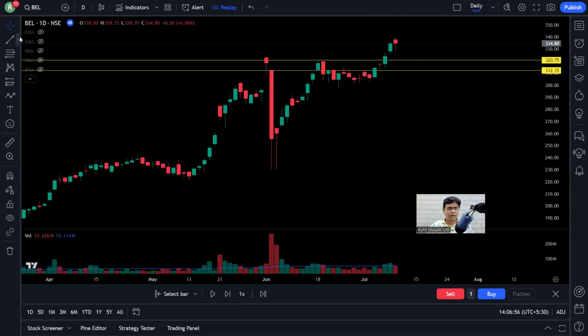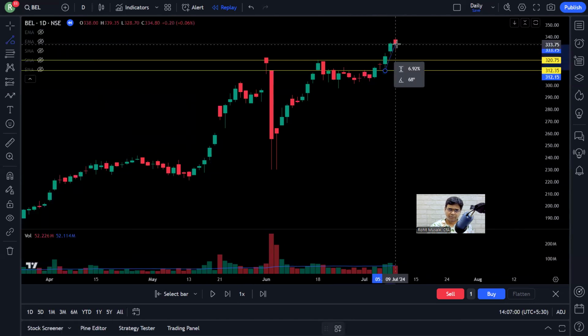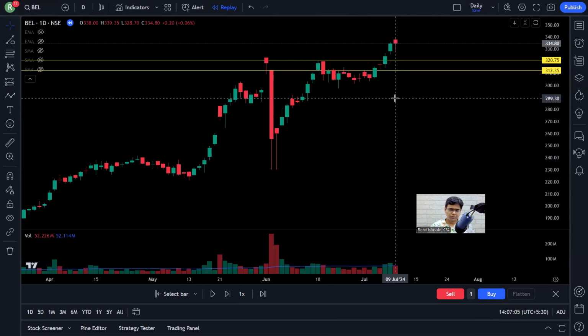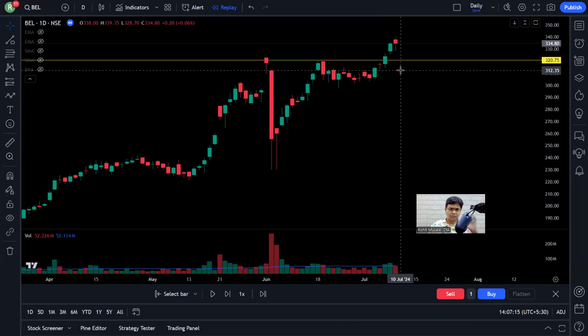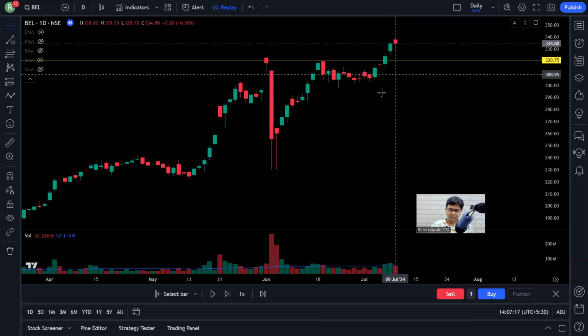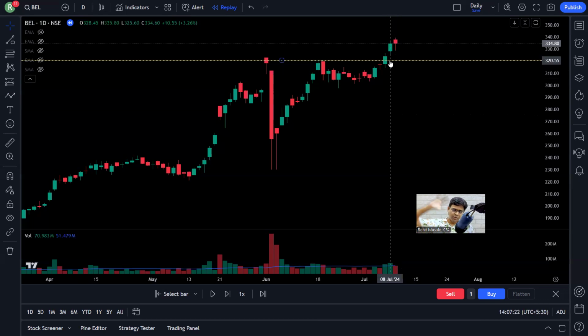So if I close this position, from here till here, roughly I made 6 to 7% return. So I was sitting on a 6 to 7% profit. So I decided to close my position on this day. I don't know exactly what price I sold, but I know that I sold on this day. So I remove this position, book a 6 to 7% profit. I keep this position because my loss on other trade has been compensated or offset. Okay.